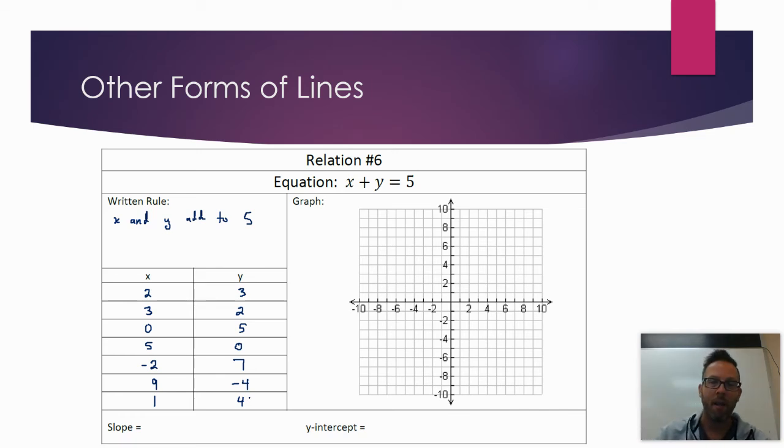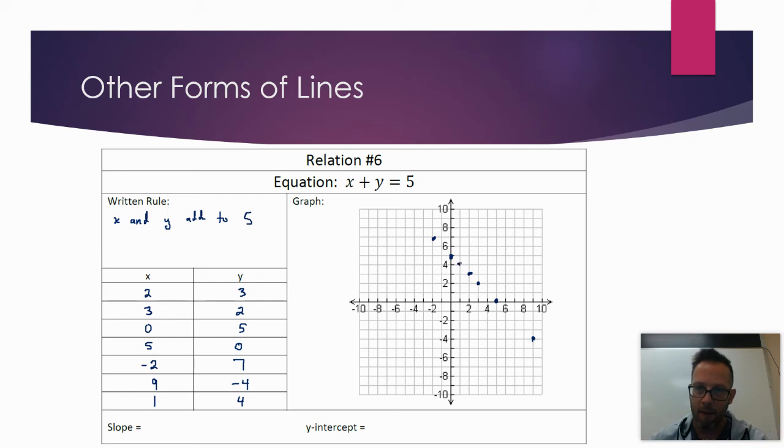There's infinitely many. Those will be enough to hopefully see what this graph looks like. Let's plot it. So there's 2, 3, 3, 2, 0, 5 is here. 5, 0 is here. -2, 7, 9, -4, and 1, 4.